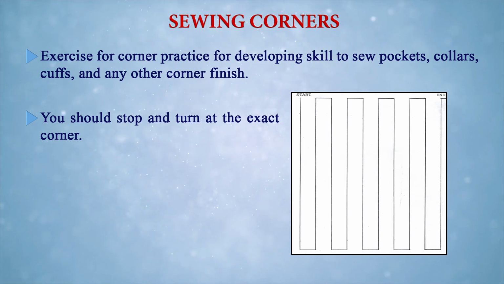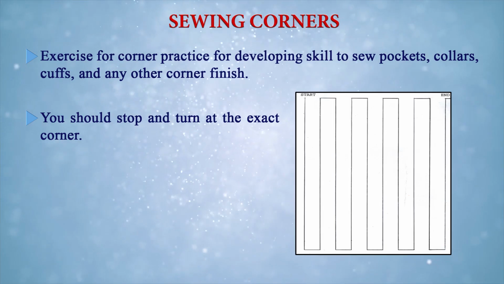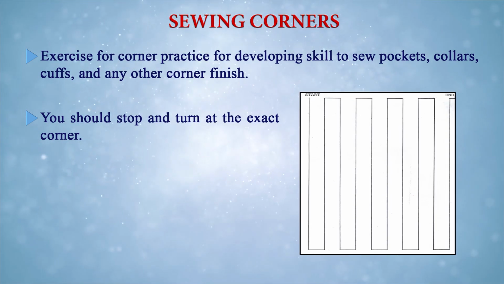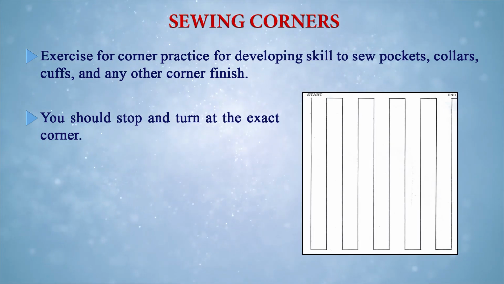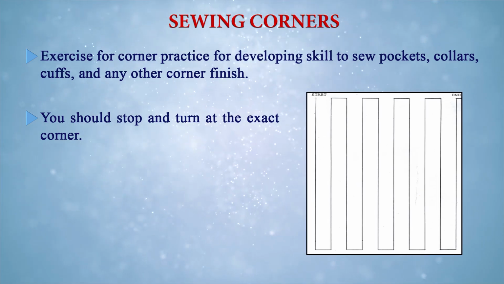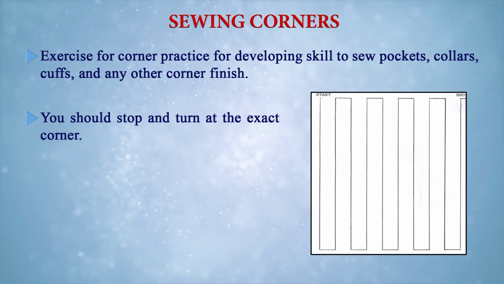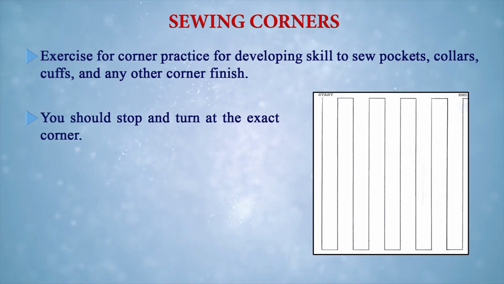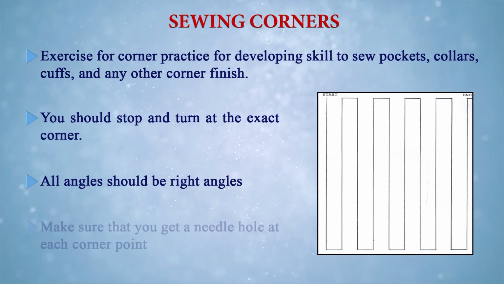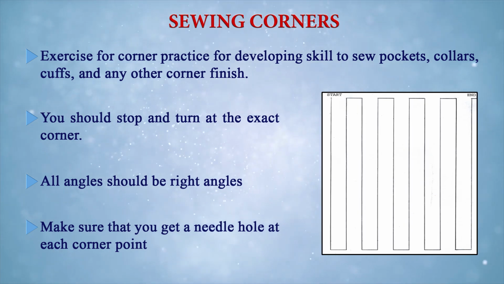We have drawn a set of lines, and we start from one point and go. When we reach the turning or corner point, we stop there, and with the needle inserted into the paper, we move the paper and then start stitching again. All angles should be right angles. Make sure that you get a needle hole at each corner point.